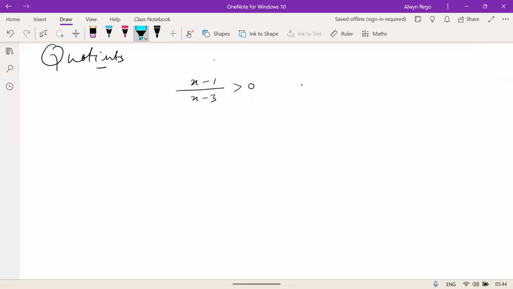What we do is that we find the zeros of the numerator and denominator. And the zeros of the numerator and denominator are x is equal to 1 and x is equal to 3. Of course, when x is equal to 3, the expression is meaningless because anything divided by 0, 3 minus 3, is not defined here. So I'm just taking this for the sake of splitting the number line.